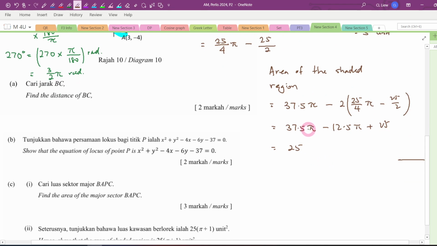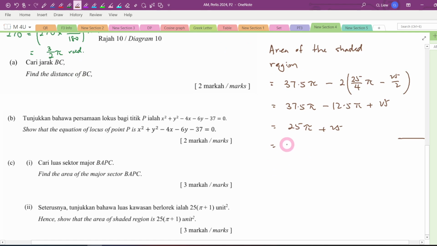Is that correct? Let me check. Yeah, 25 pi, then plus 25. And we can just factorize the 25 out. You will get 25 times (pi plus 1) square unit. Is that correct? Yes. Sure.